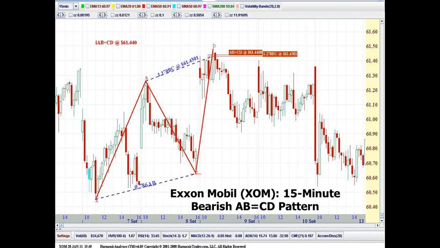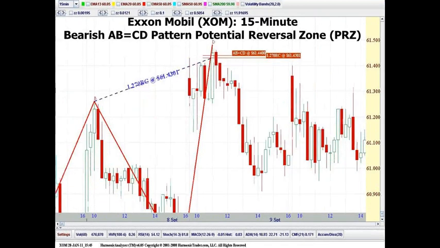The exact AB equals CD pattern completion point itself was at 61.44. That was the highest price level in the harmonic resistance and most important price level at the pattern completion point. These two measurements converged almost exactly on top of each other in the 61.43 to 61.44 area.